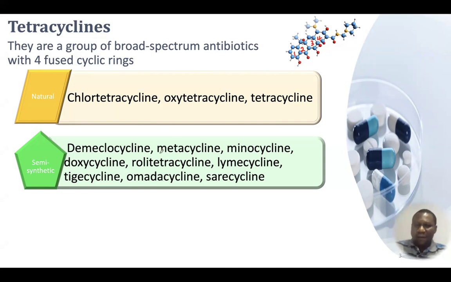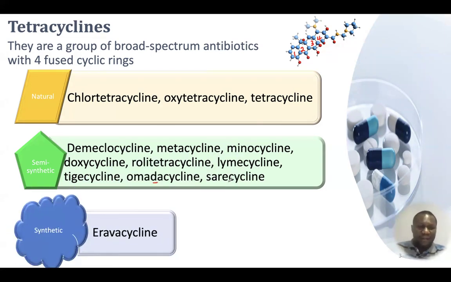Then omadacycline, which was discovered by a Ghanaian professor. And we have sarecycline. Sarecycline is produced mainly for the purpose of dealing with acne, right? Then we have a synthetic one called eravacycline.